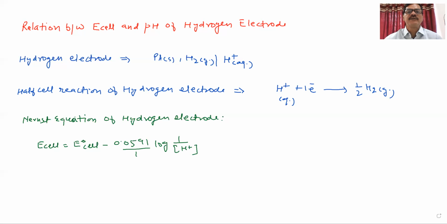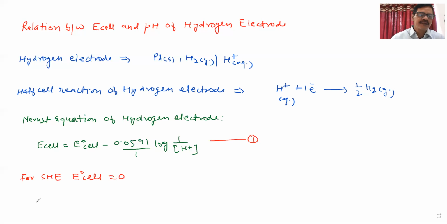So if we see this, for SHE, standard hydrogen electrode, E naught cell is 0. Say this is equation 1.